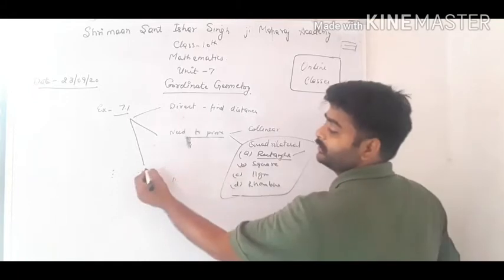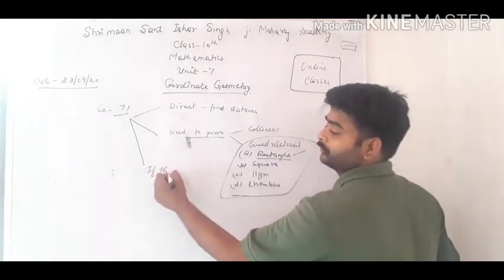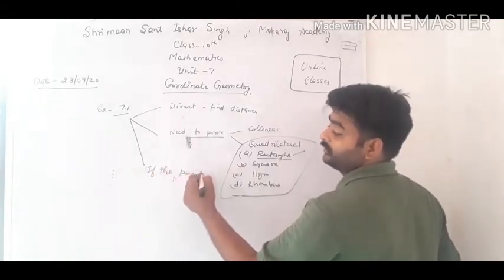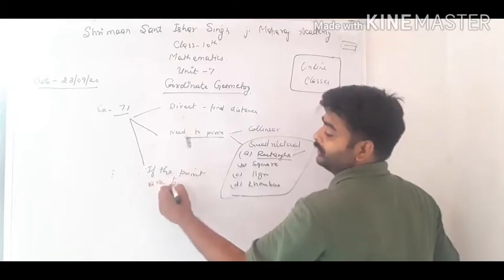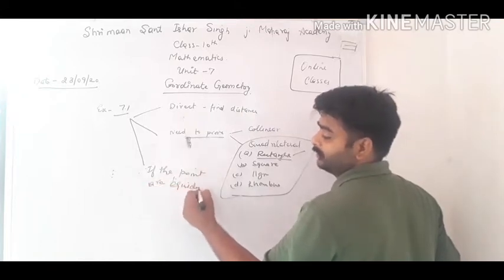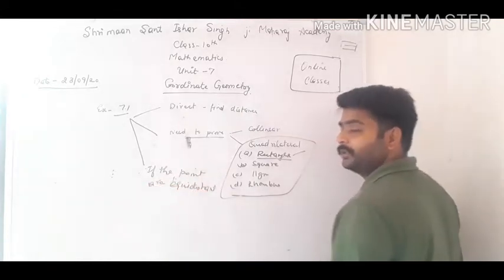Now third type is if the points are equidistant. So class, what does equidistant mean?